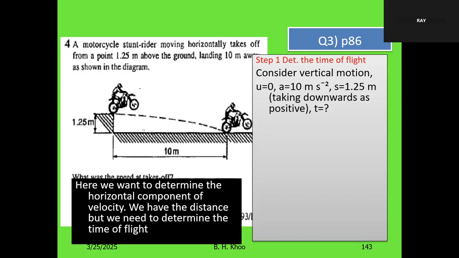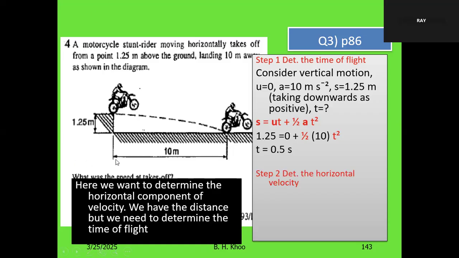And the height is 1.25. Choose the right formula to use. Calculate out, 0.5. Right? Determine the horizontal velocity. You got 10 meter. So horizontal component is distance divided by time. Distance is 10 divided by 0.5. So it's 20 meter per second. Answer, can? Yep.